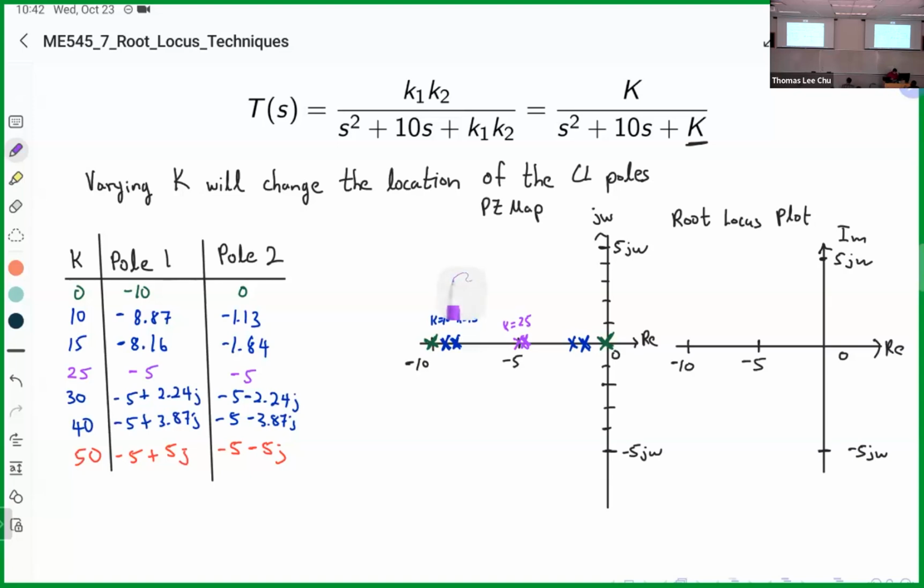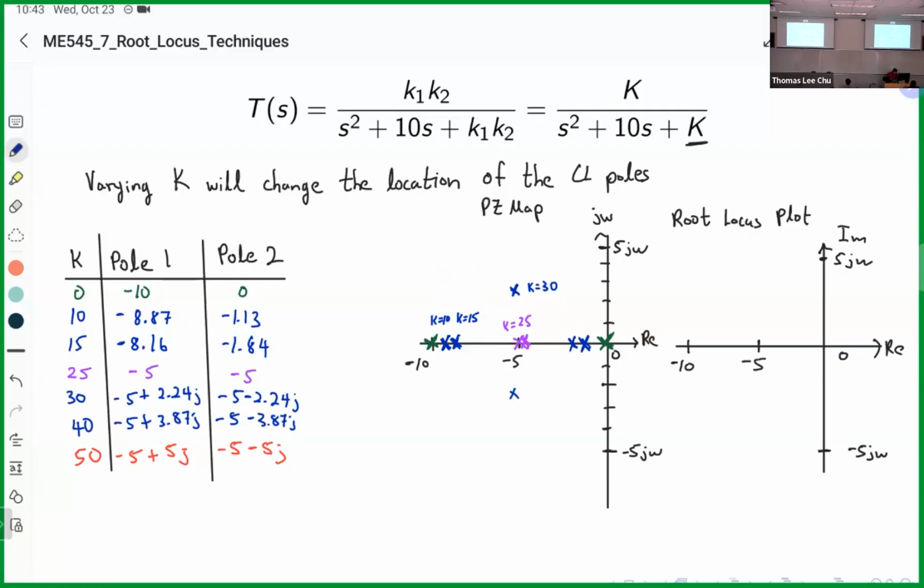So the poles go up and down to -5 plus 2.24j and -5 minus 2.24j.